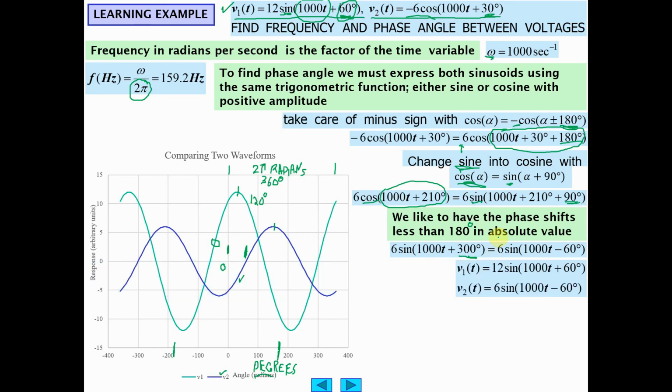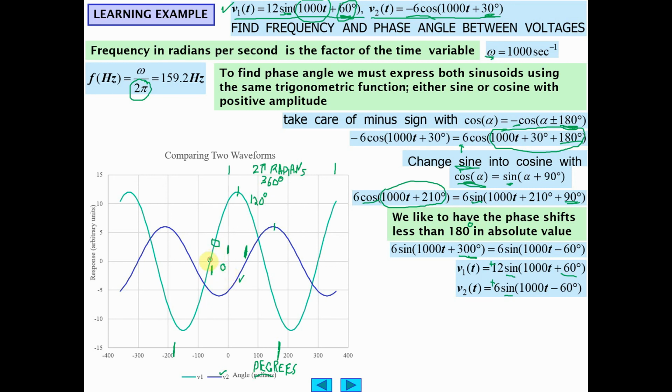Okay, so now we have V1 and V2. They're both the same function and positive. And we can compare the phase angle between the two. Well, V1 is already positive 60 degrees. Does that make sense? Here the green is V1, and it's positive 60 degrees.